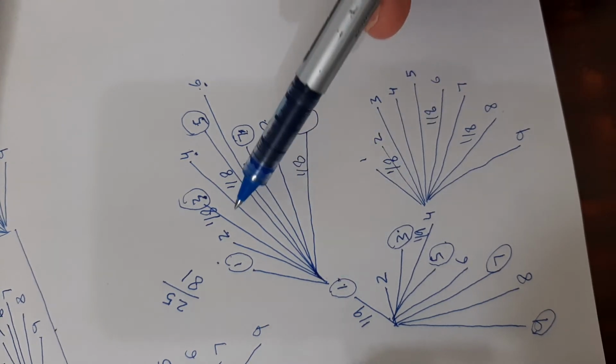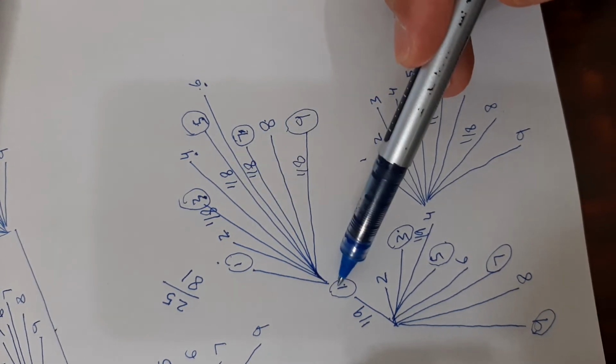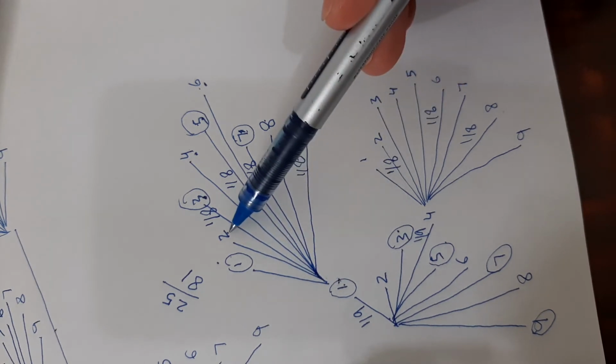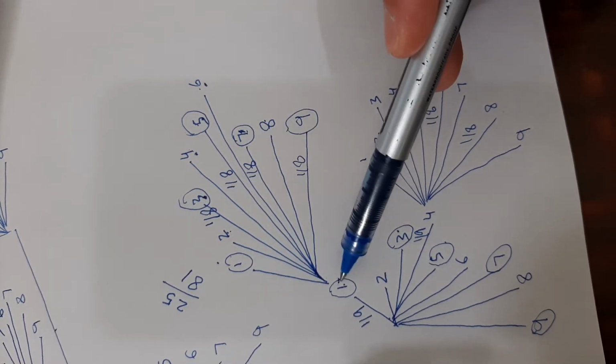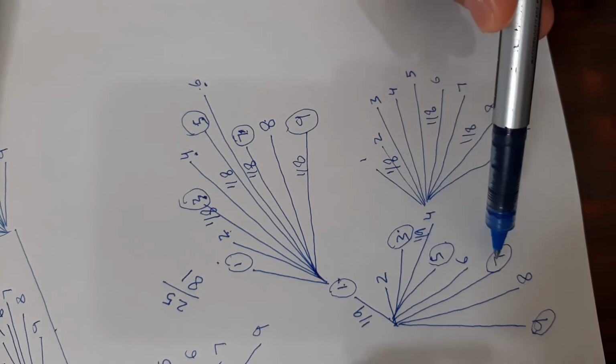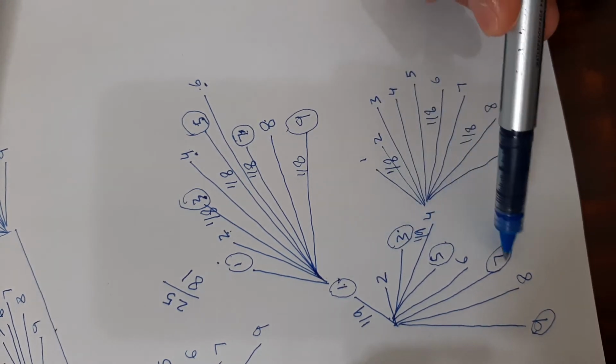Four outcomes when the first number is odd and the second number is even. We have 5 odd numbers: 1, 3, 5, 7, 9.